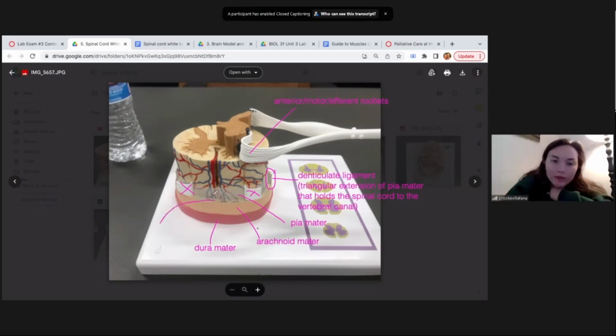So on the test, if that's labeled, it's this little space right here, that is the subarachnoid space. Remember, that's where the CSF is floating, all of that good stuff. Subarachnoid space. The gray commissure is this little part here.